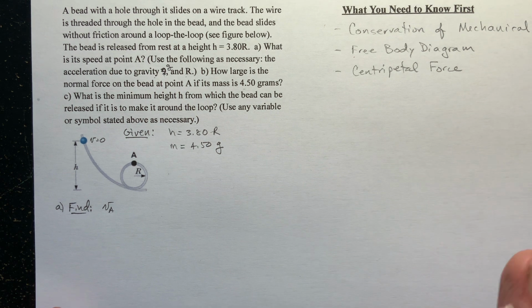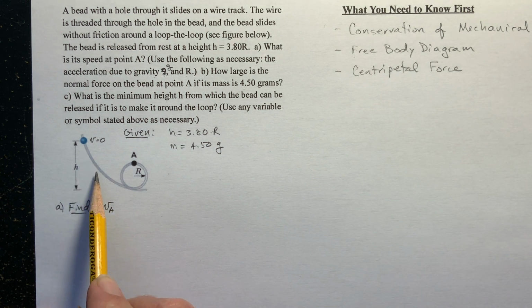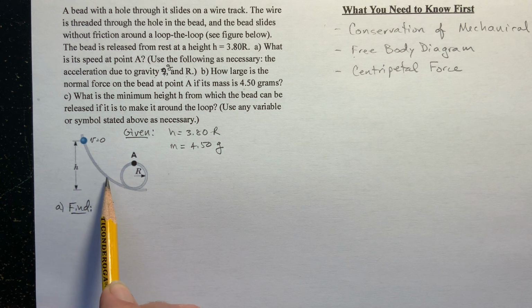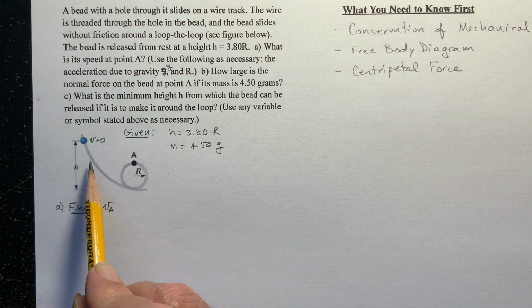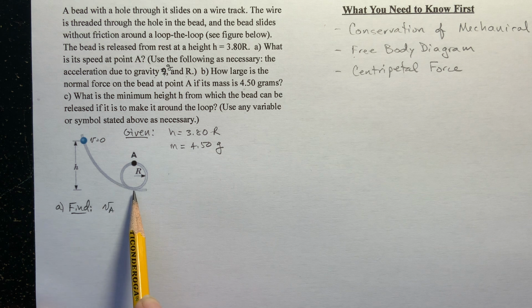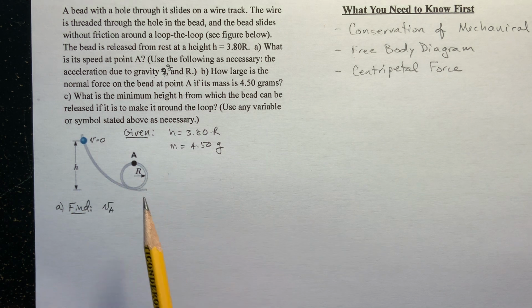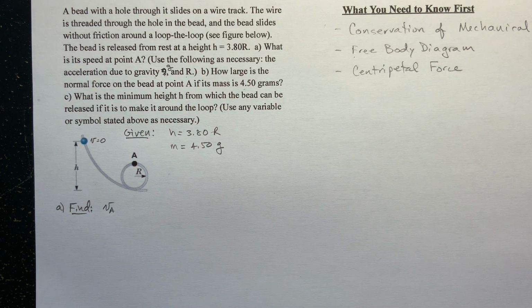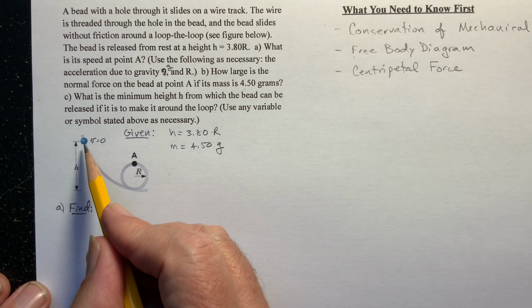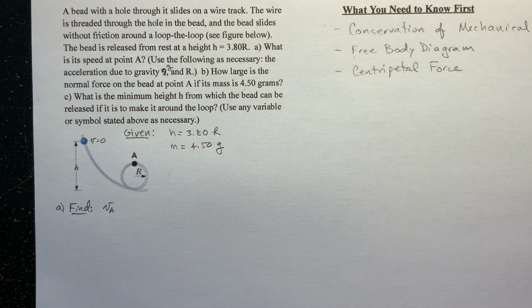But you really don't want to approach it that way, because the force pulling this thing down is a component of gravity, and that component changes. This is a curved shape. The kinematic equations won't work for this, because they only work where the acceleration is constant. But here the acceleration of this bead is constantly varying.